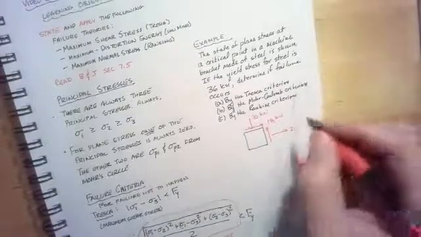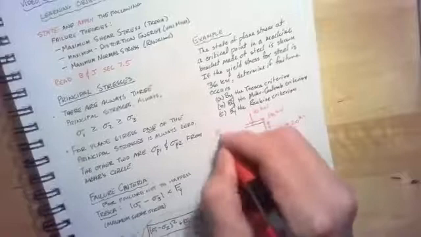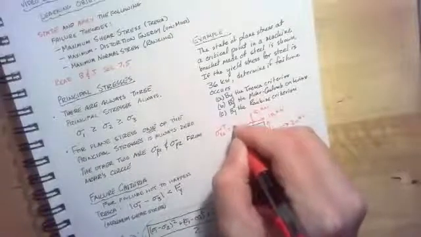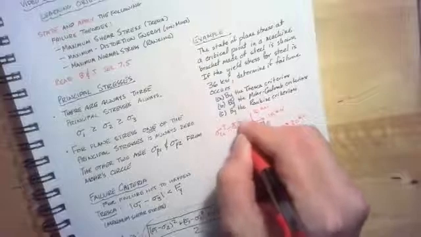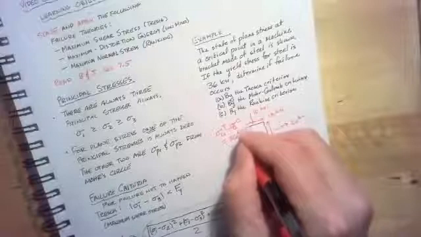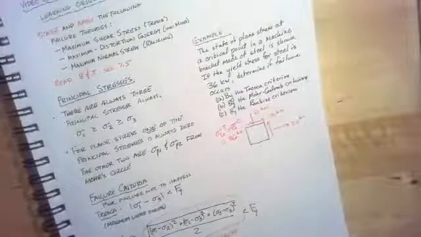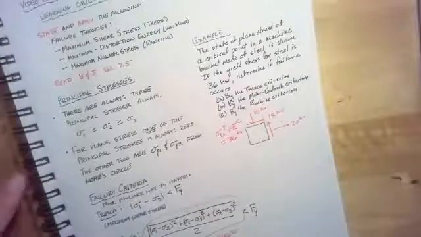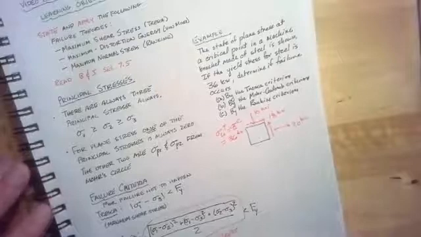And for the Rankine criterion, we're going to assume equal strength in compression and tension, and that's 36 KSI. So we're going to assume in both of those cases that the material is 36 KSI strong.